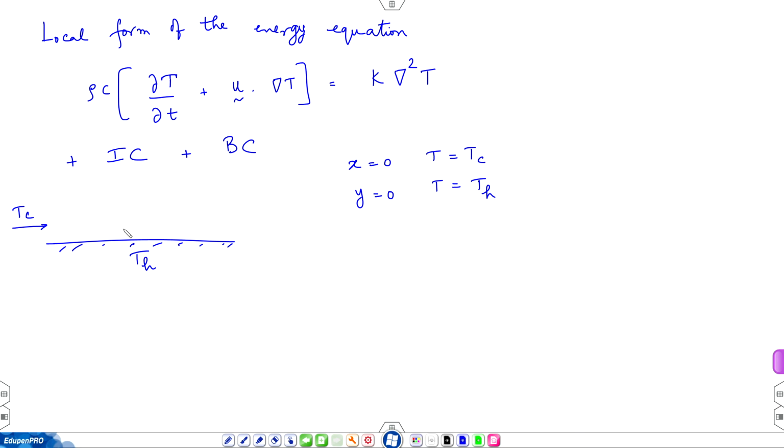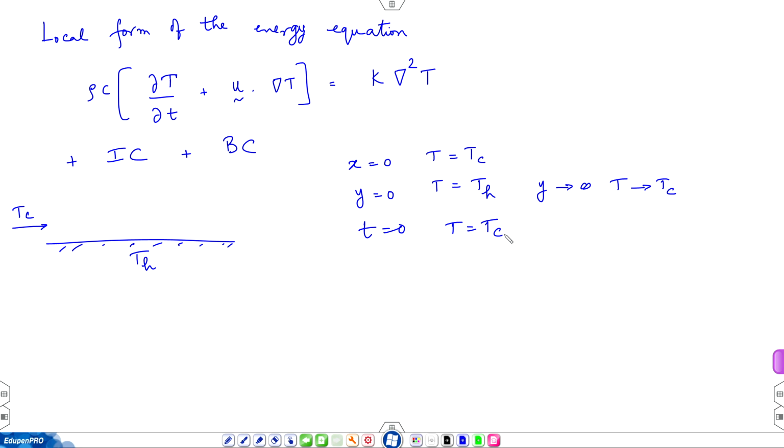Now, you may expect that far away from the heated surface, it is the far field which is undisturbed. So, as y approaches infinity, t approaches T c. You may also expect that at time t equal to 0, the flow field is all cold. So, t is equal to T c. So, these are some examples of initial and boundary conditions you can prescribe to solve the energy equation for temperature distribution.